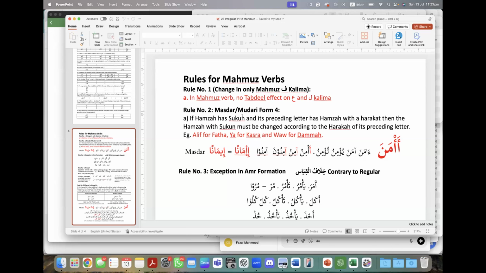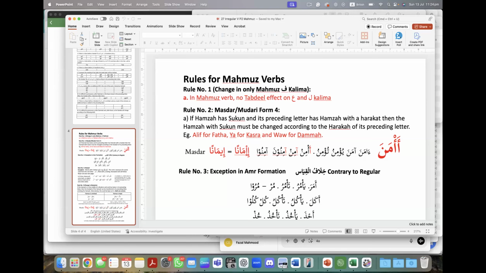The first rule is this: in a Mahmuz verb, there is no tabdil effect on the ain or lam kalima. We have amana, for example, just a tri-letter, or amara. Here, for the ain kalima and lam kalima, there is no transformation rule.